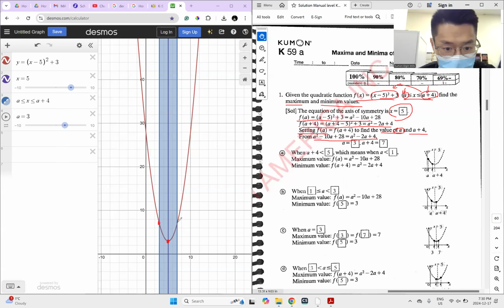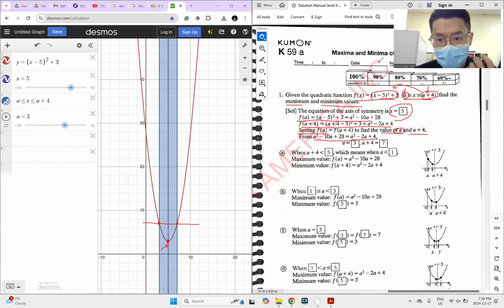When you substitute a equals 3 and a plus 4, which is equal to 7, these 2 points share the same value, which means that at that specific point, when a is equal to 3, I will have the same maximum value. Again, it's based on the equation itself because it is concave up. At this particular point, my minimum point is still my vertex, which is still 3.